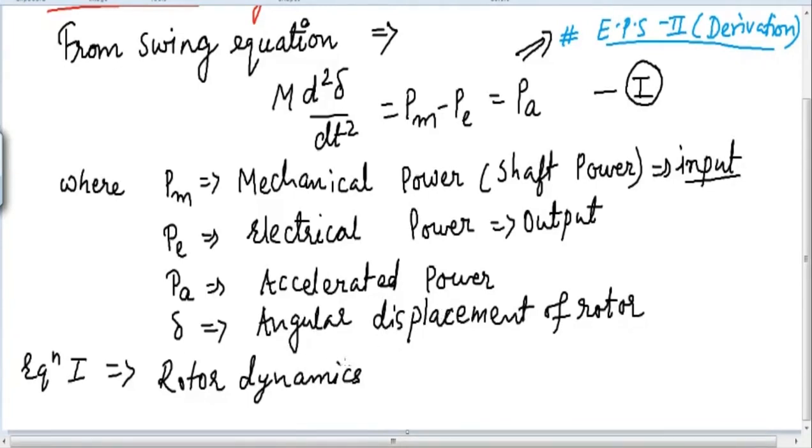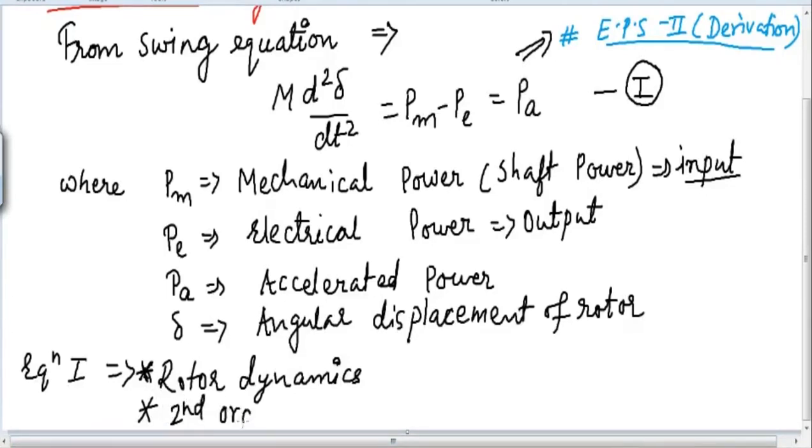So where our rotor will be positioned, the angular displacement with respect to time, and the shaft input power, output electrical power and the accelerating power. So this equation is very important, and this is the first point, that from equation 1 we can get the rotor dynamics. And the second point is that this is a second order non-linear differential equation.